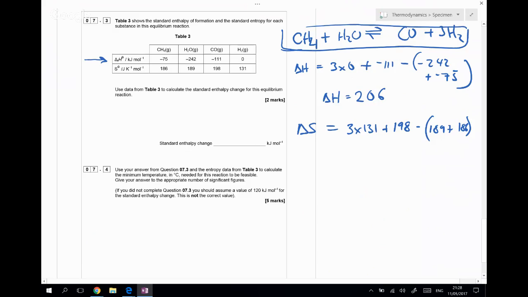We pop those into our calculators: 3 times 131 plus 198, and we take away 189 plus 186. And we get a value of 216. That makes sense. We're all in the gaseous state, but we've got an increase in the number of molecules.